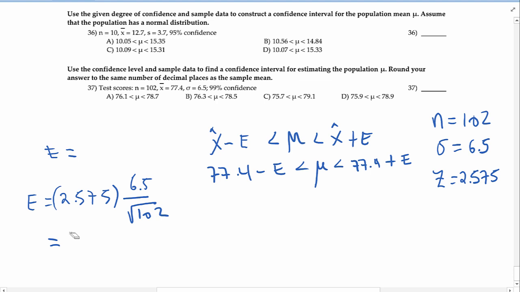Let me get my eraser. So let's do it again. We got 2.575 times 6.5 divided by the square root of 102. I get 1.66. So the lower value is 77.4 minus 1.66, we get 75.74.